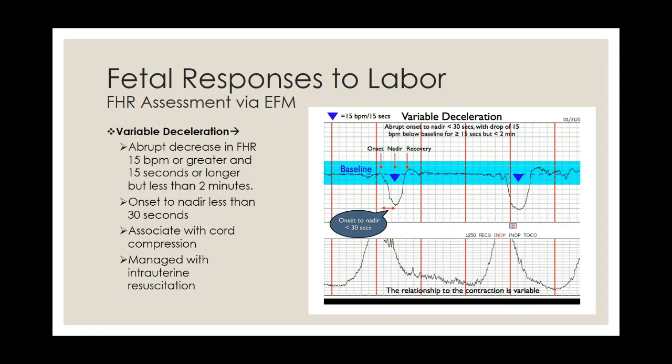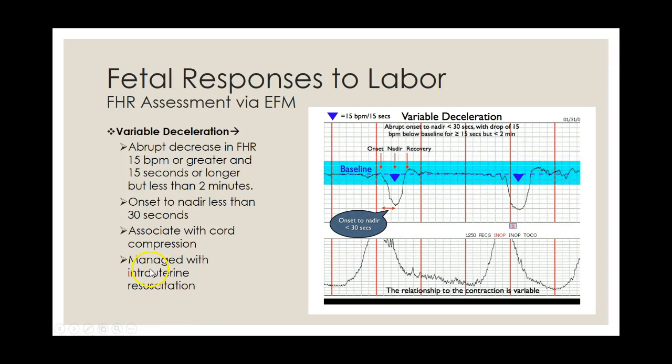We have a sharp drop in the heart rate, and then once that compression lets up, it comes right back to baseline. Sometimes babies will actually hold their umbilical cords in their hands, and if they give their umbilical cords a squeeze, then we'll see a little variable.